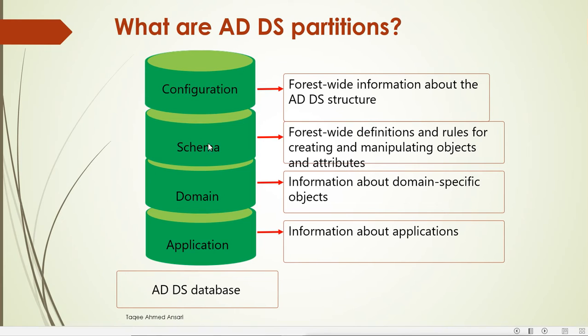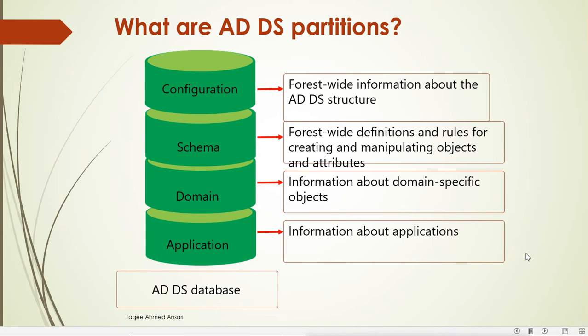Basically, it stores the schema of our Active Directory. Then the configuration partition has the forest-wide information about the ADDS structure. So the ADDS structure is stored in this configuration partition.